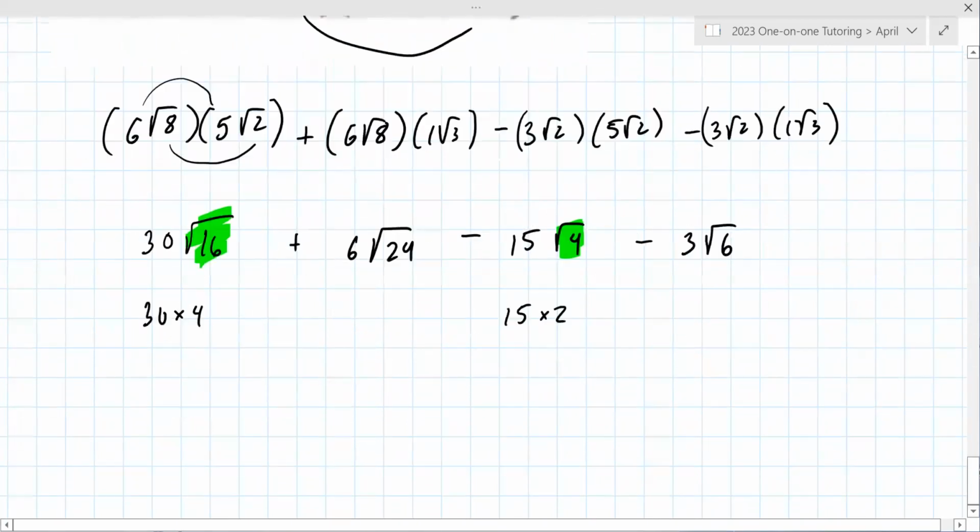That's good. 120 and 30 here. This square root of 24, though, with the 6 out in front, you have to reduce that, or at least try. So we're going to come over here off to the side. Will you try reducing that for us and let me know what you come up with?